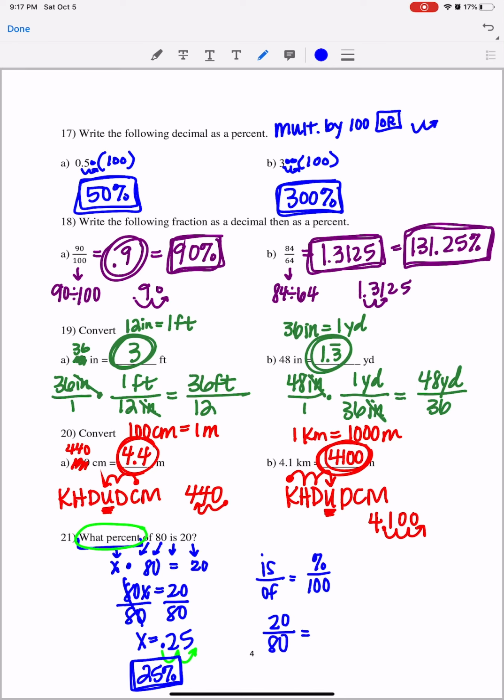And then it wants to know what percent, so I've got x over my 100. So cross multiply. We got 80 times x and 20 times 100. And then divide by 80. And hopefully 2,000 divided by 80 gives me 25.